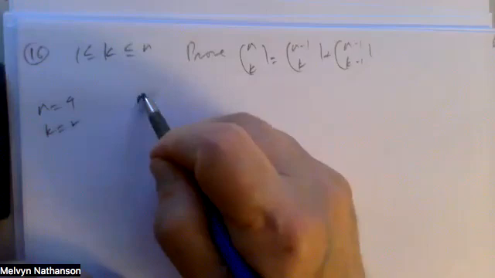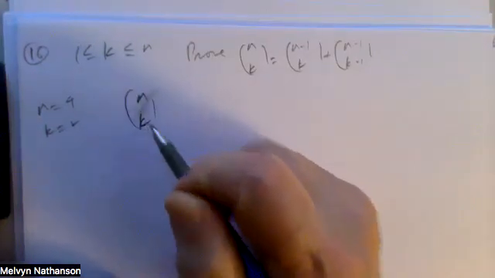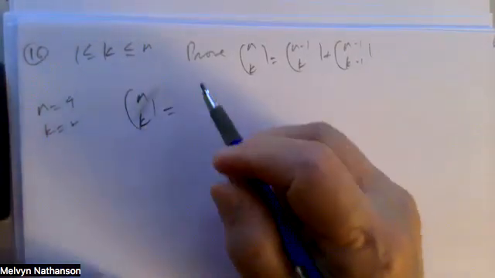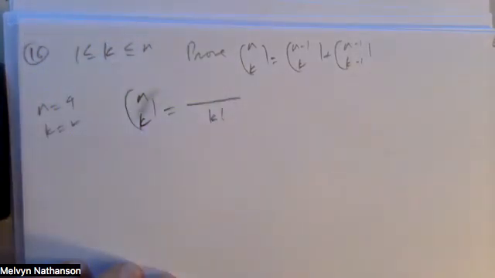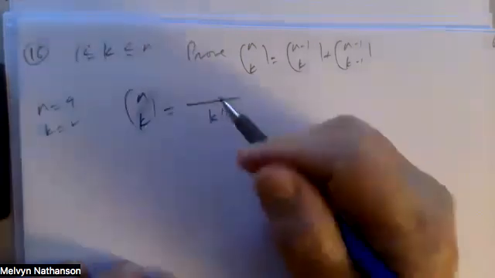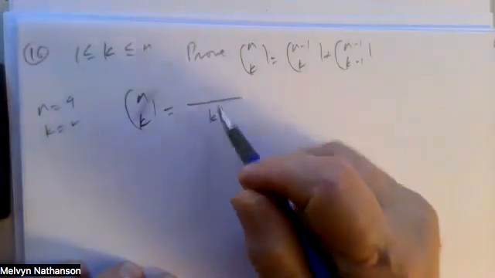So n choose k, we can write as a fraction. The denominator is k factorial, which means the product of the integers from 1 to k. So it's a product of k factors.